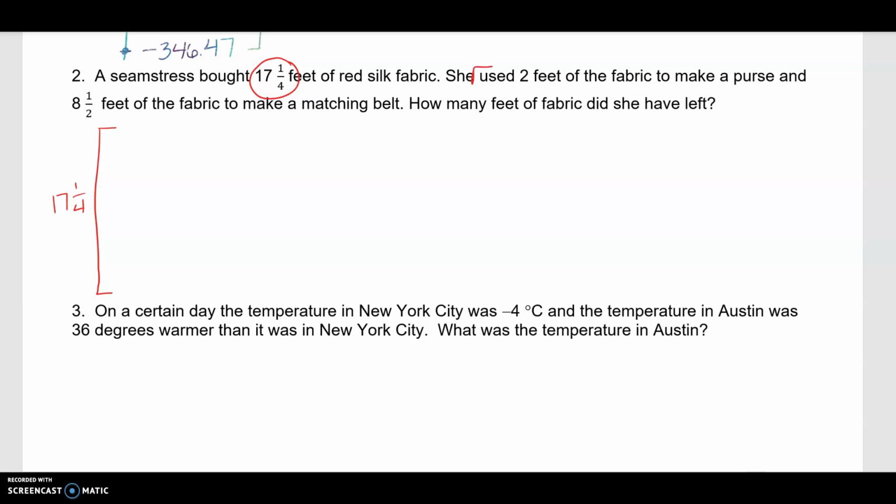She used means what? You're subtracting. So she used 2 feet, and she used 8.5 feet, right?